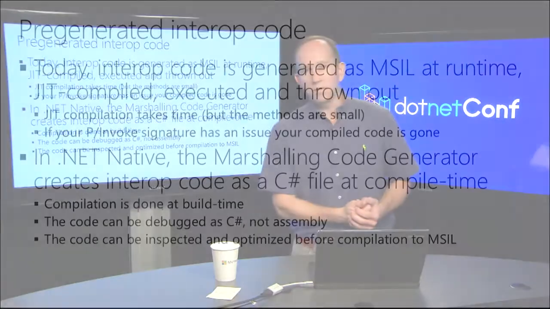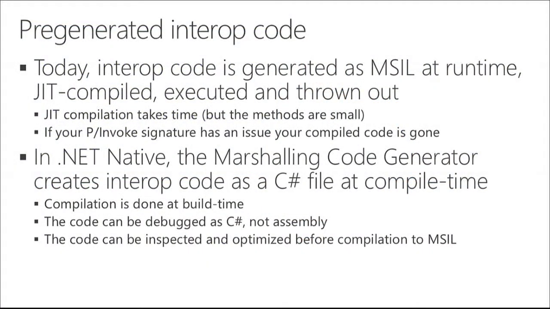One of the advantages of pre-generated interop code, sorry, the braces make it very difficult to talk, is that your interop code is generated as MSIL at runtime in the big .NET. So it gets JIT compiled into machine code, executed, and then thrown out.